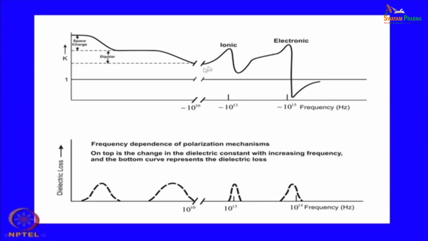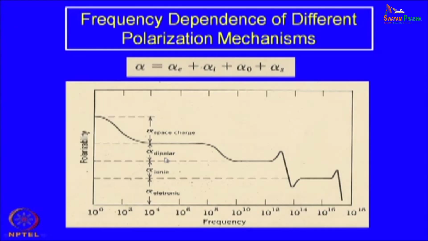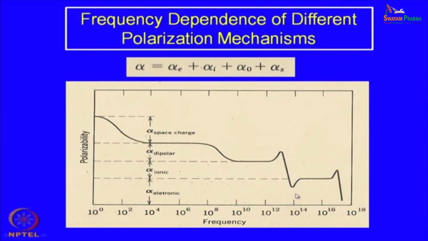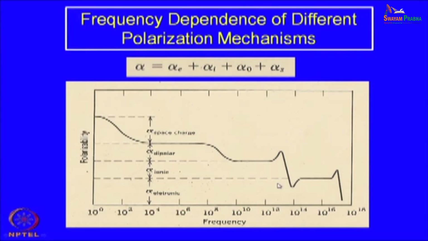In these two cases, of course, as in the earlier case also, there is a peak through which it goes. It has a resonance peak here, and therefore, they behave slightly differently.